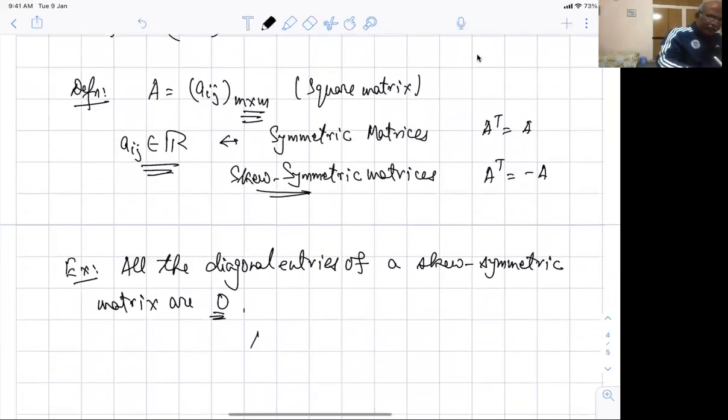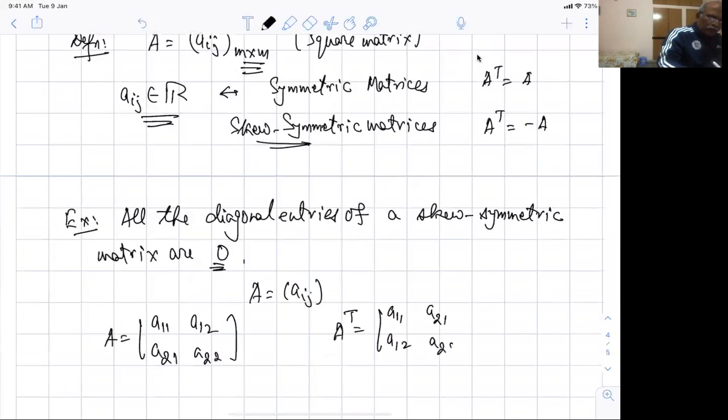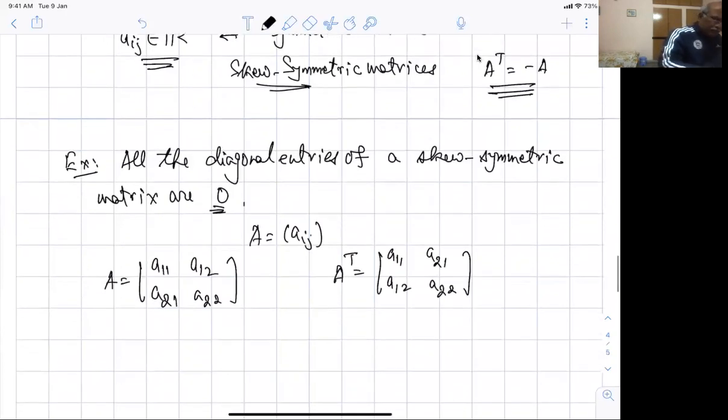So I'm saying that if A is Aij, fine. So suppose A is 3 cross 3, or say 2 cross 2, A11, A12, A21, A22, if it is 2 cross 2, then A transpose will become A11, A21, A12, A22. Now we are saying that A transpose is same as minus A, skew symmetric.